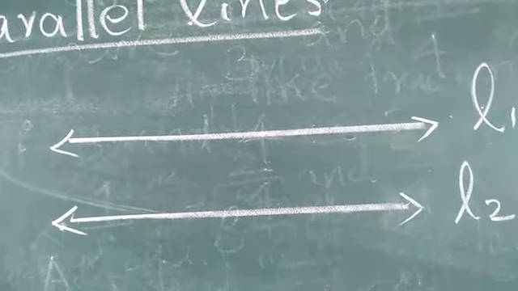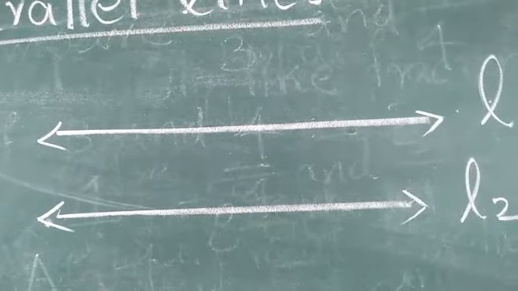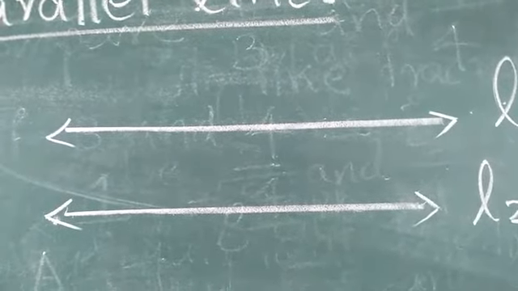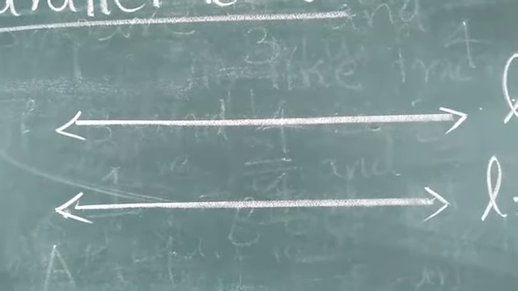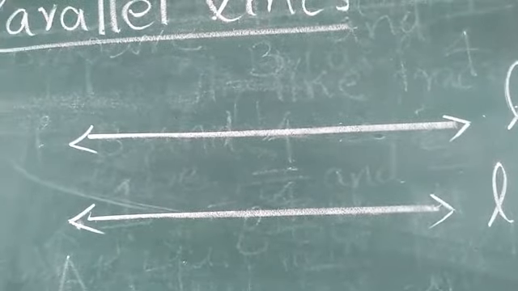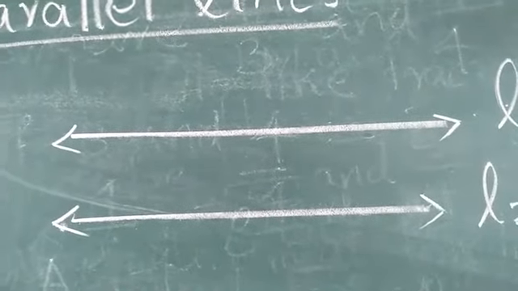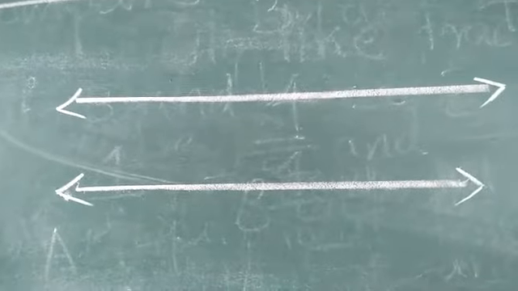Such lines are called parallel lines. For example, railway: you can see the rails are running along, but they are not joining anywhere. So we can say rails are the best example for parallel lines.